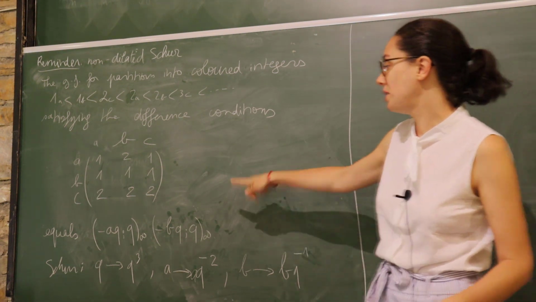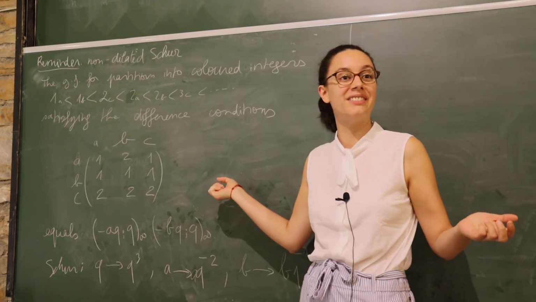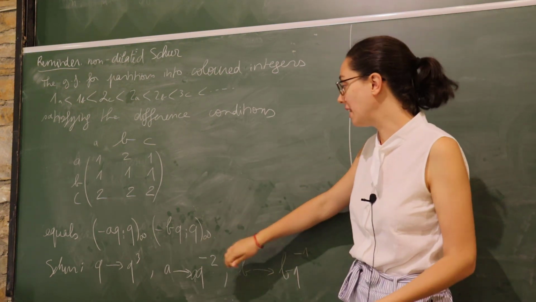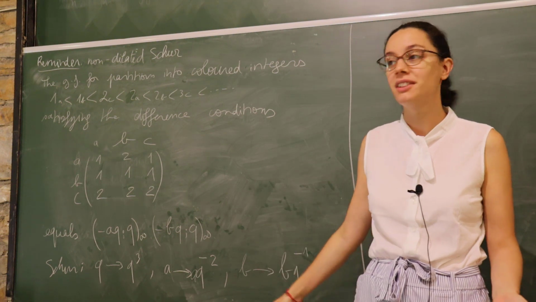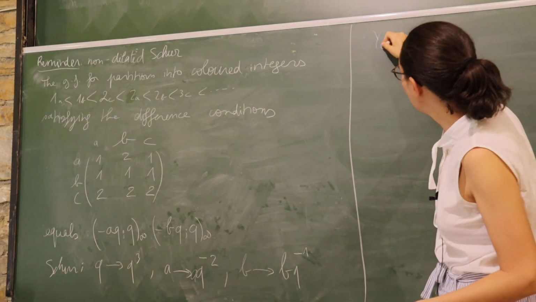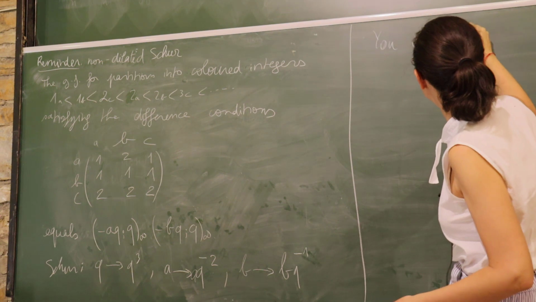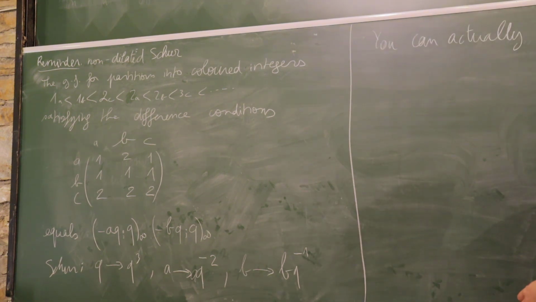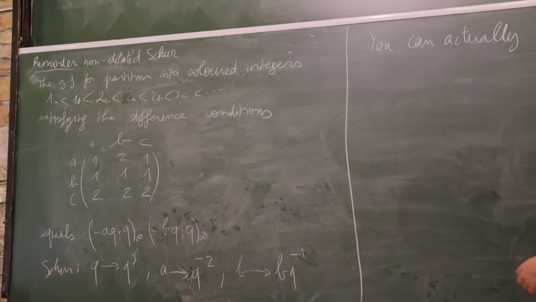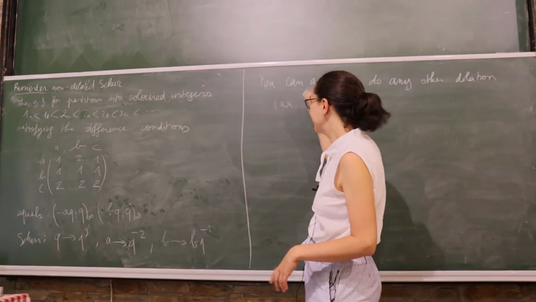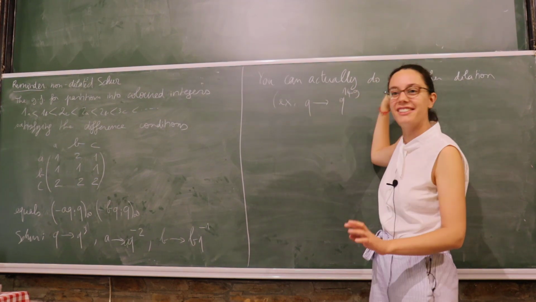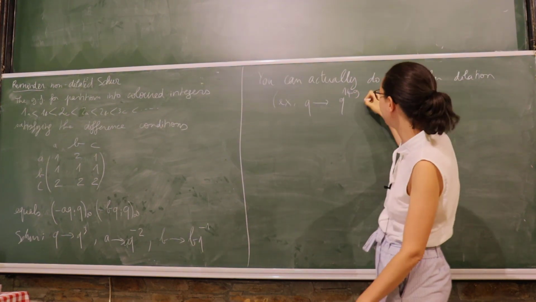But actually, you can get infinitely many other partition identities, because once you are here, you can do any other dilation that you want. I don't know, if you want something crazy, you can send Q to the 149 or whatever.